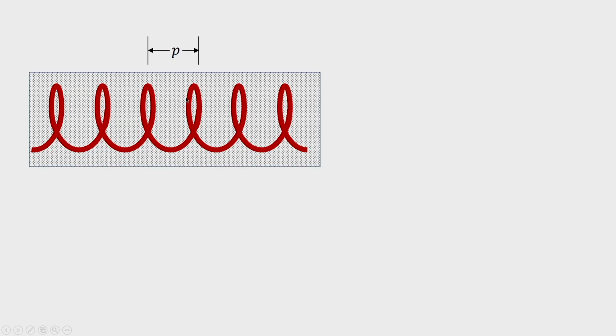So, here we briefly discuss the slow wave structure. We have shown a helical structure. This distance between these turns is the pitch p of the helix, and d is the diameter of the helix.